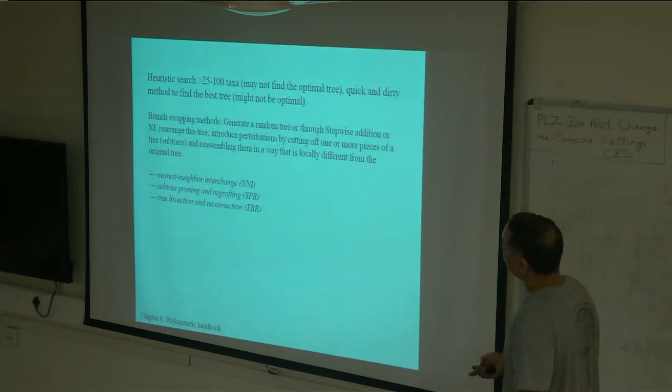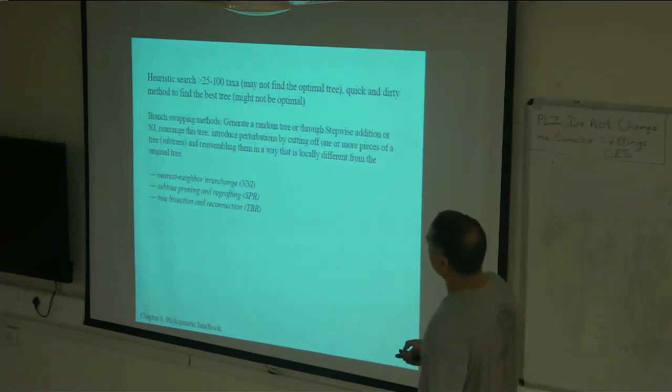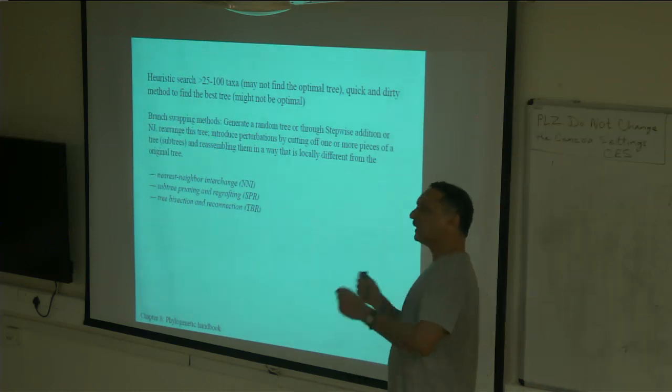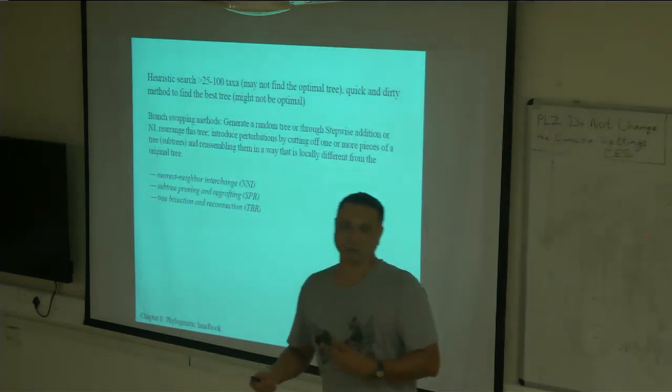Okay. So the way the heuristic search method works is, first you generate a random tree, or a tree through stepwise addition, or a neighbor joining tree, and then you start rearranging the branches to see if you can get a better score.